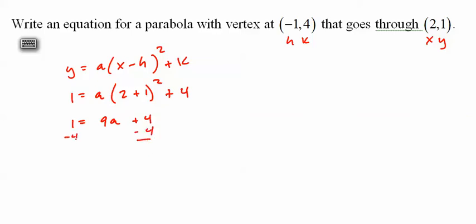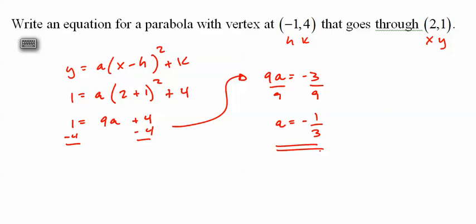Subtract 4. 9a equals negative 3. a equals negative 1/3. Your equation is y equals negative 1/3 (x plus 1) squared plus 4.